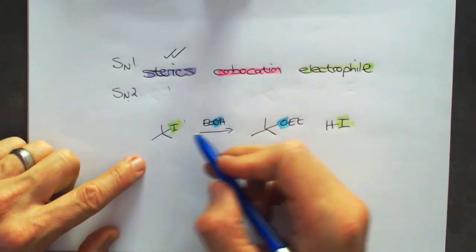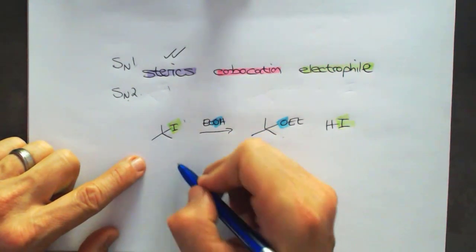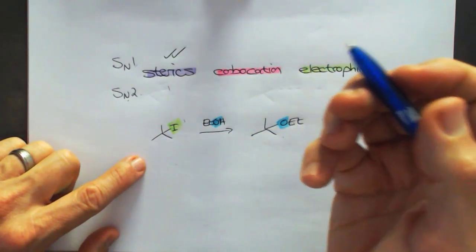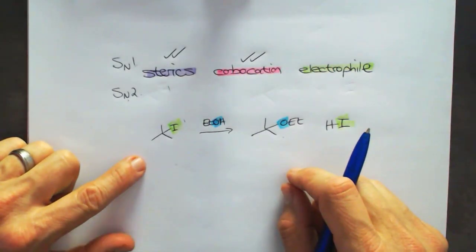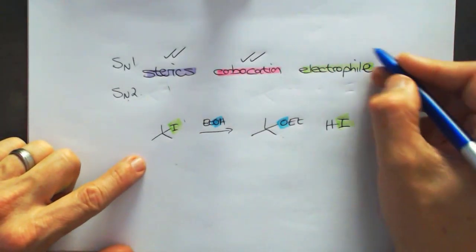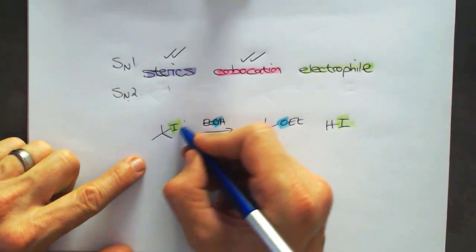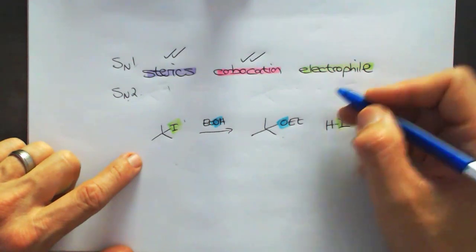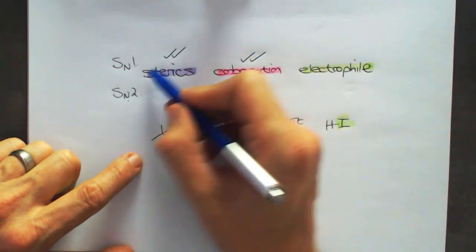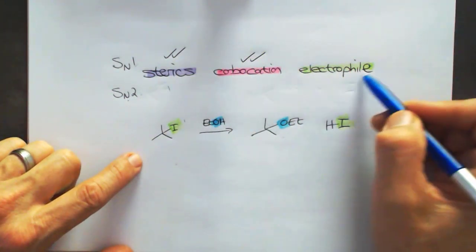Then we look at the carbocation. If this leaving group leaves, we get a tertiary carbocation, which we've learned is very stable. So this is a good one. We're definitely promoting an SN1 type of reaction. And in terms of the electrophile, the leaving group over here is a good leaving group, but it's a good leaving group for both things over here. So really, these two are what we're talking about with the electrophile.